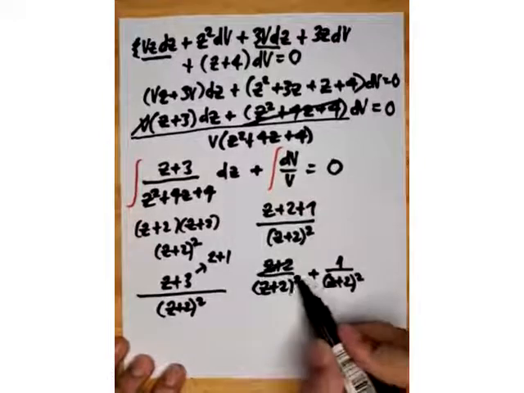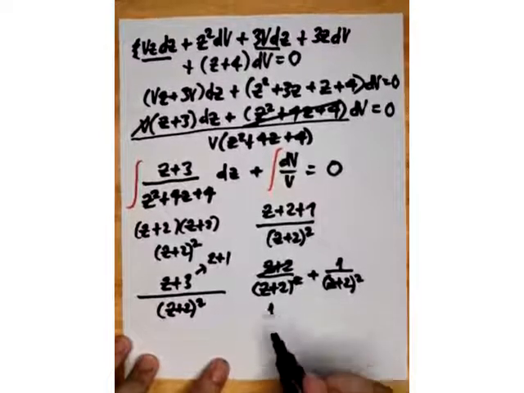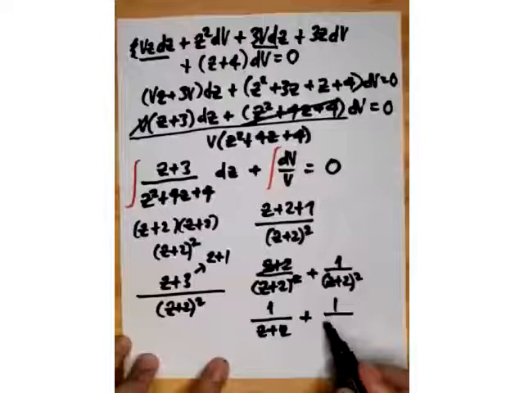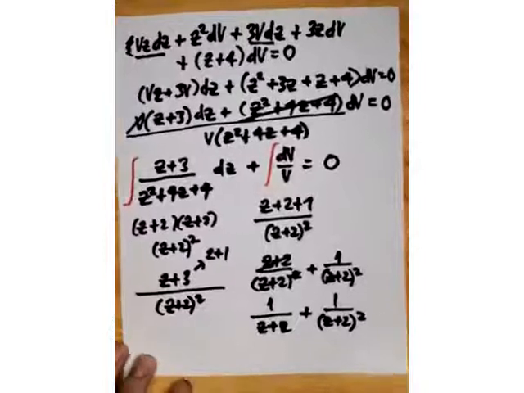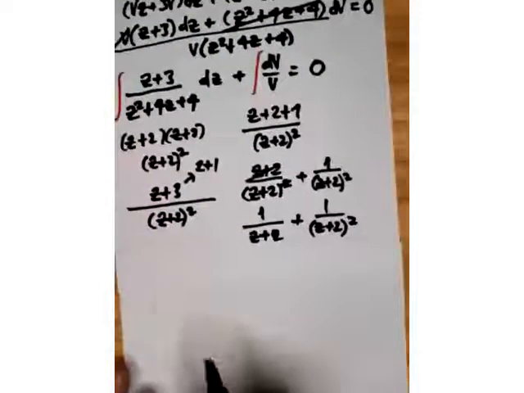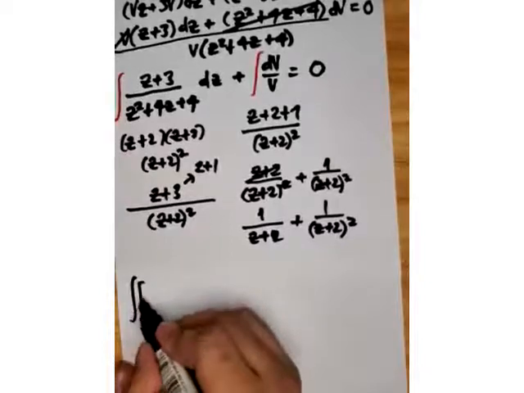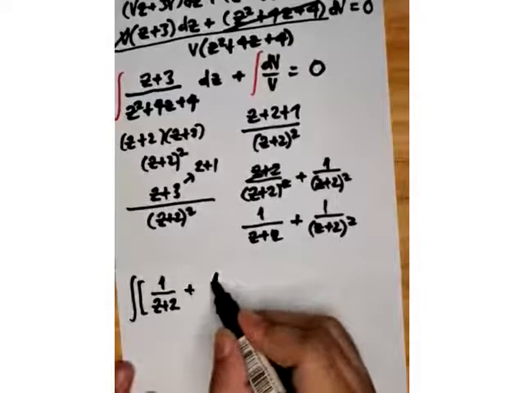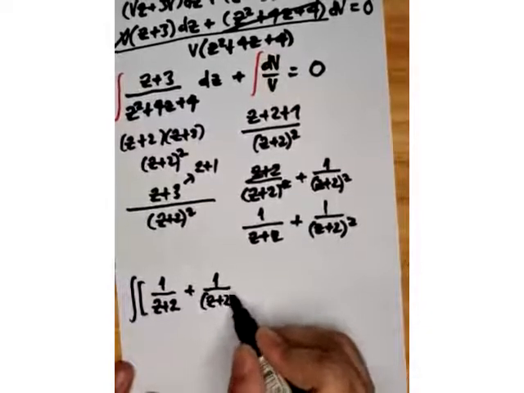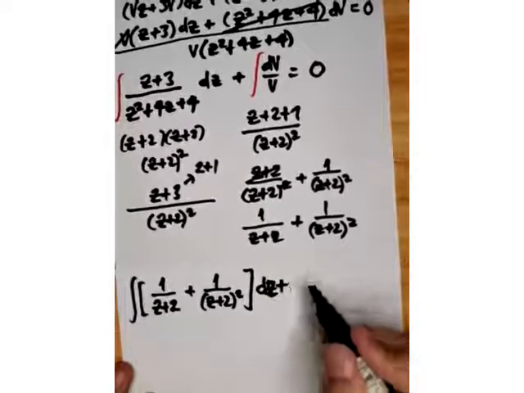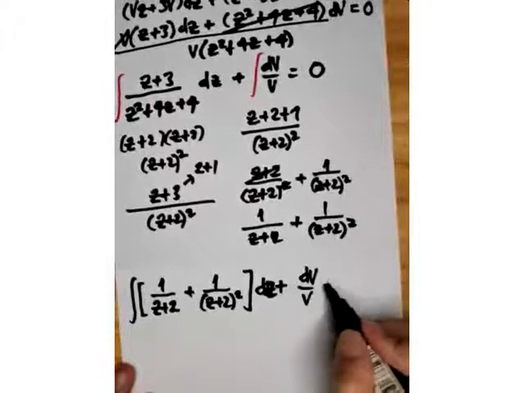So that means we can cancel this. So matitira ay 1 over z plus 2 plus 1 over z plus 2 squared. Ayan. Okay? So therefore, we can rewrite this as the integral of 1 over z plus 2 plus 1 over z plus 2 squared dz plus dv over v is equal to 0.